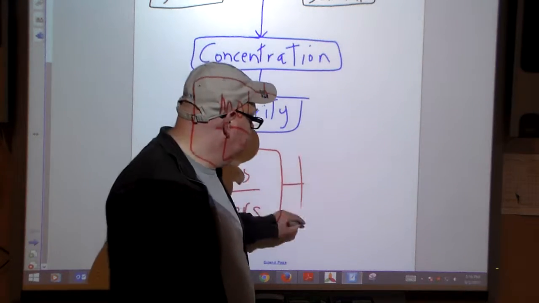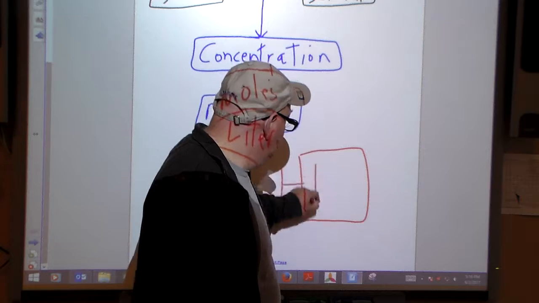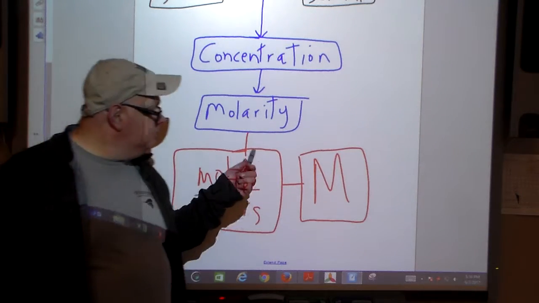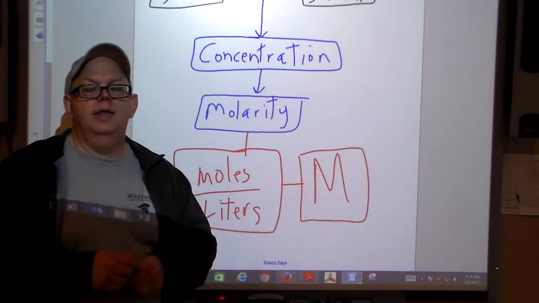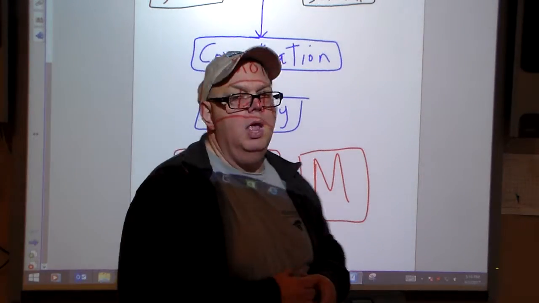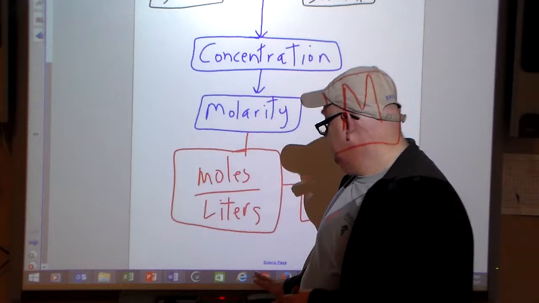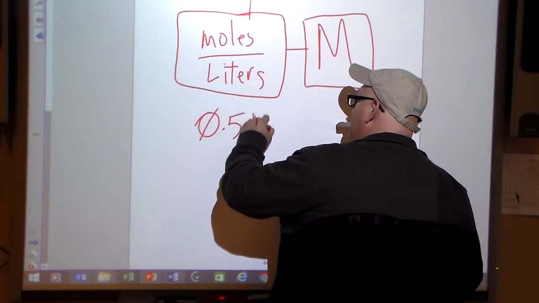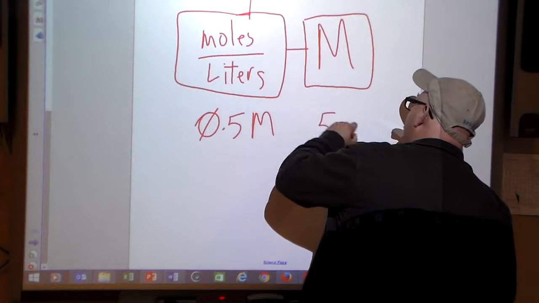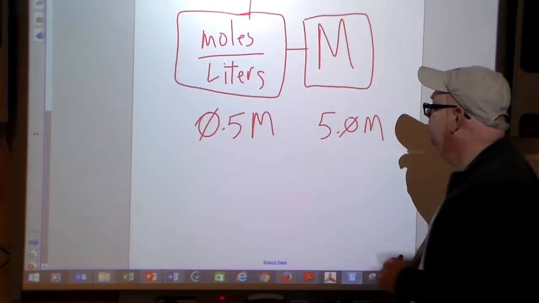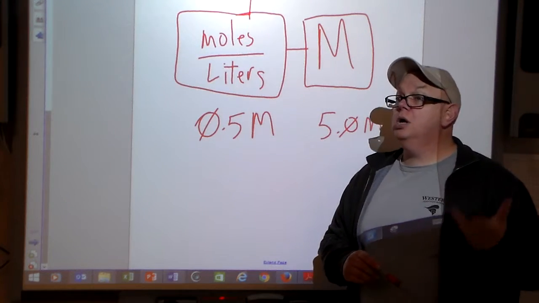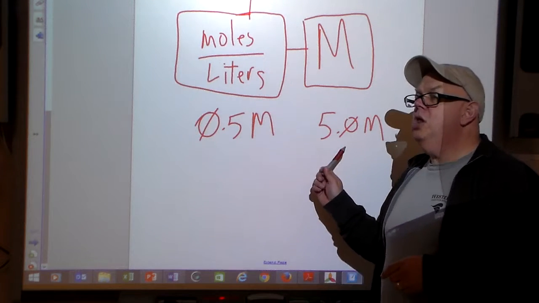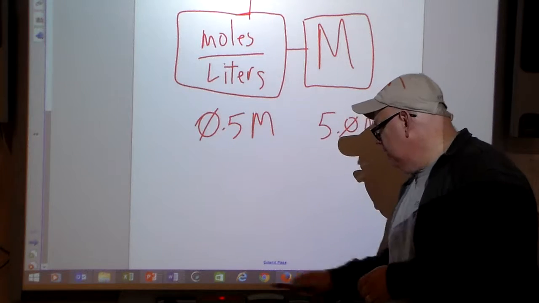We tend to represent it with the big letter M. With that, we can have an idea about concentration, like the difference between 0.5 molar and 5.0 molar. Which one of these is more concentrated? It's the 5 molar. So the bigger the number, the more concentrated it is.